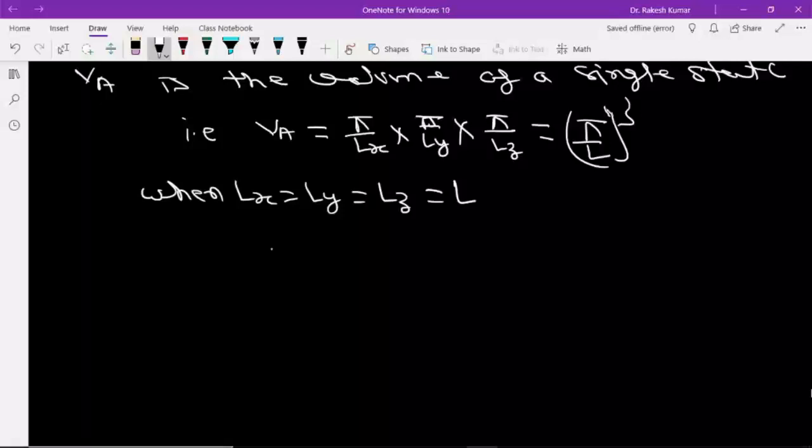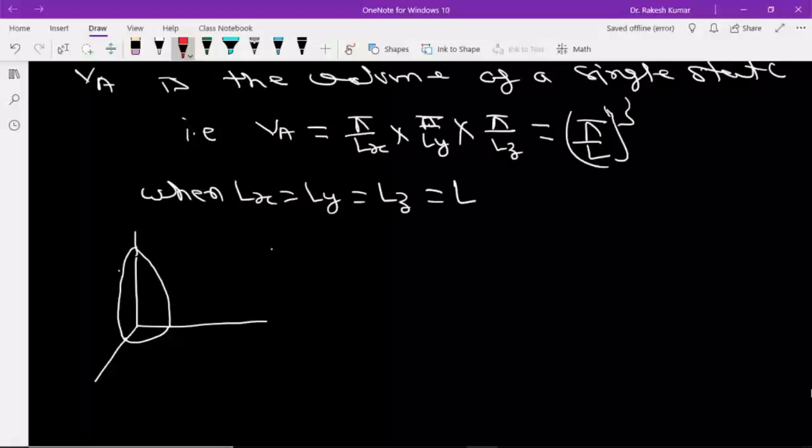So for this we have to draw, let's take a sphere, in which we have to determine the density of state, and this is in K space.